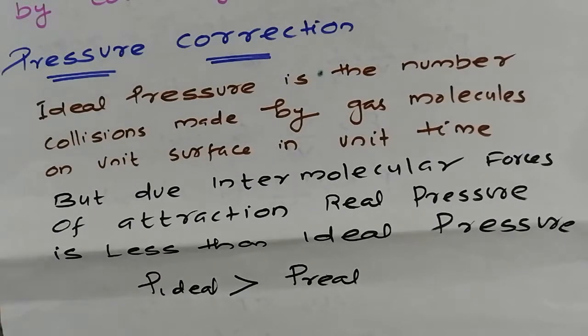Because when there is a force of attraction, the number of collisions on the walls of the container will decrease as compared to ideal pressure, where gas molecules do not experience any force of attraction. Therefore, this is very important: pressure of ideal is greater than pressure of real. The pressure obtained from the ideal gas equation is always greater than the real pressure.